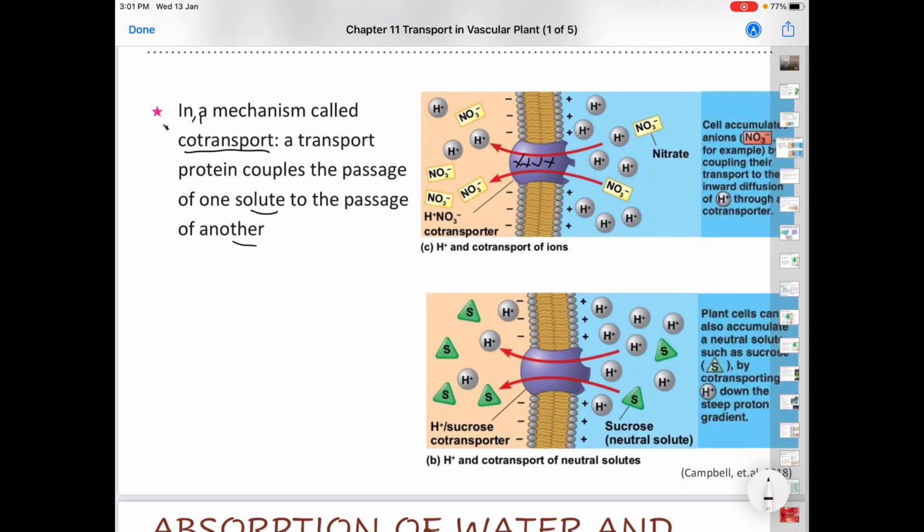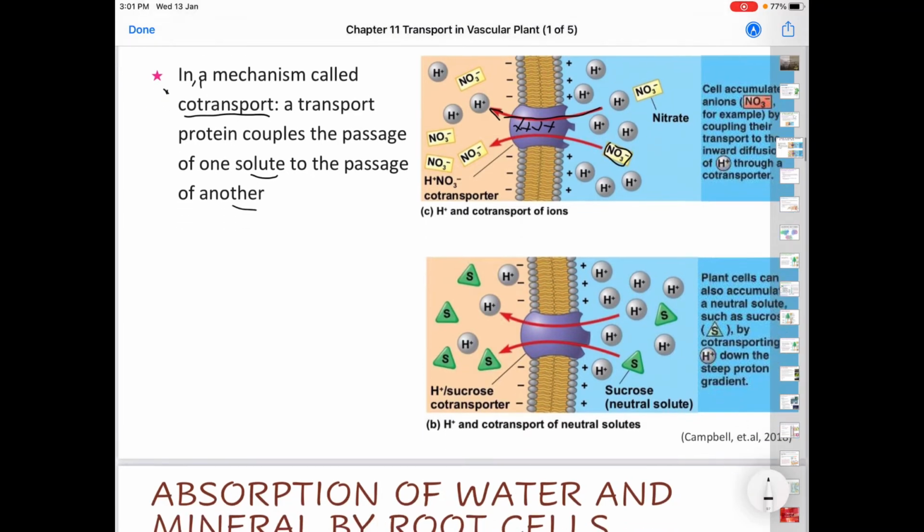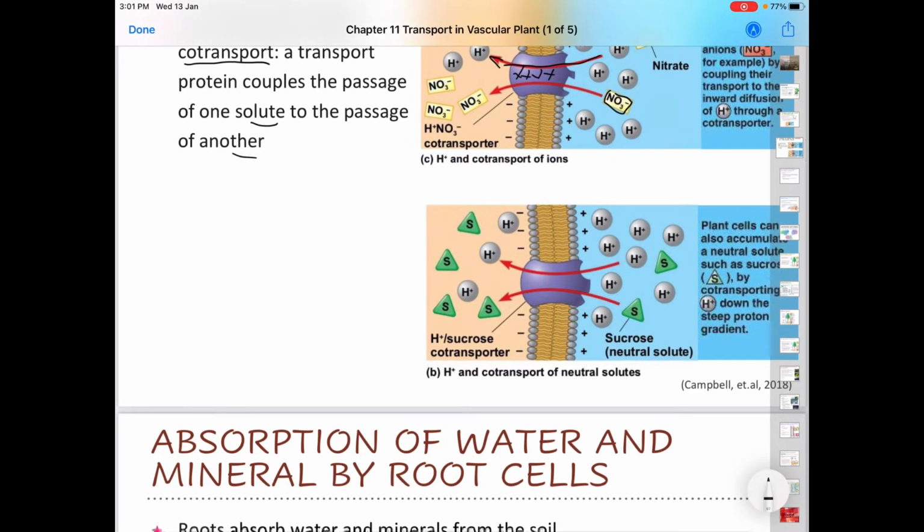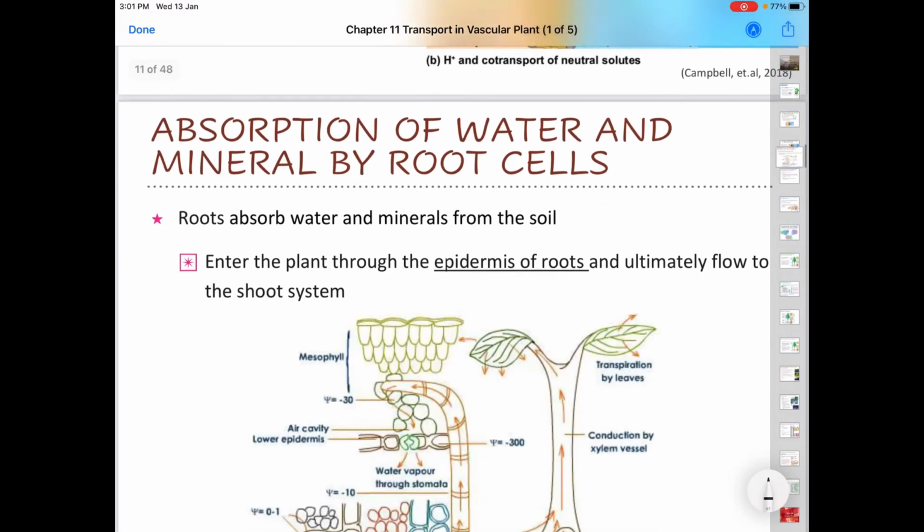For example, in the image here, this protein channel carries H plus, but it also carries the nitrate ion. So the cell accumulates an ion, for example, by coupling its transport to the inward diffusion of H plus through a co-transporter. So that is the meaning of co-transport: they couple the passage of one solute to the passage of another.